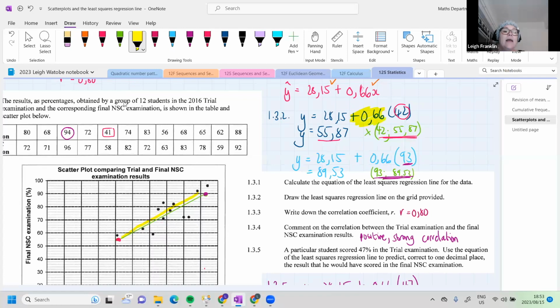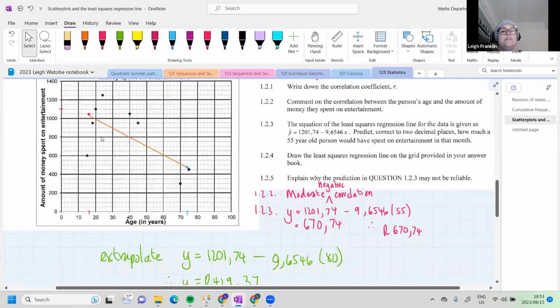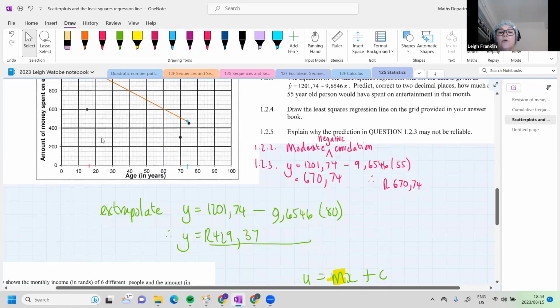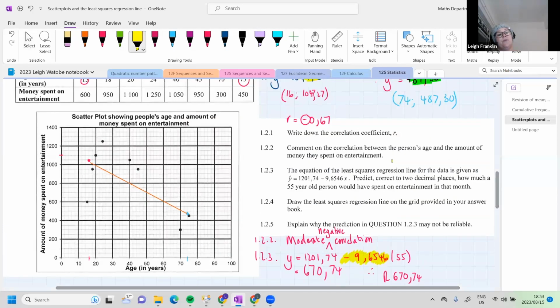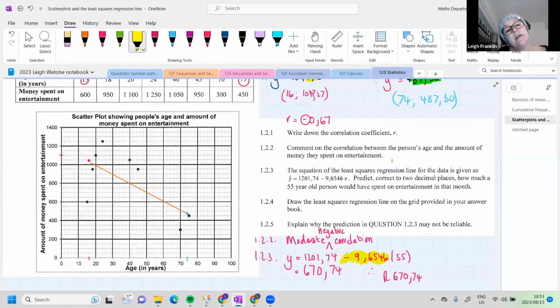In the case of this data over here, your gradient, your m value or b value, is negative 9,6546, as you pointed out, which is perfectly accurate. And look here, your line has a negative gradient.